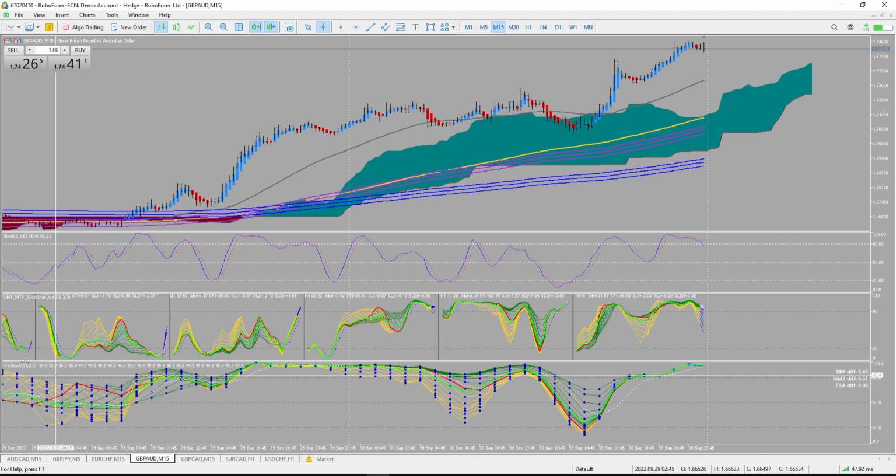So here, on this other indicator, I have various stochastics lines. These are what I mostly use for my trading. Multi-lines stochastic, and in different time frames. Here, this is the M15, and here we have M15, H1, H4, daily, weekly, and monthly.